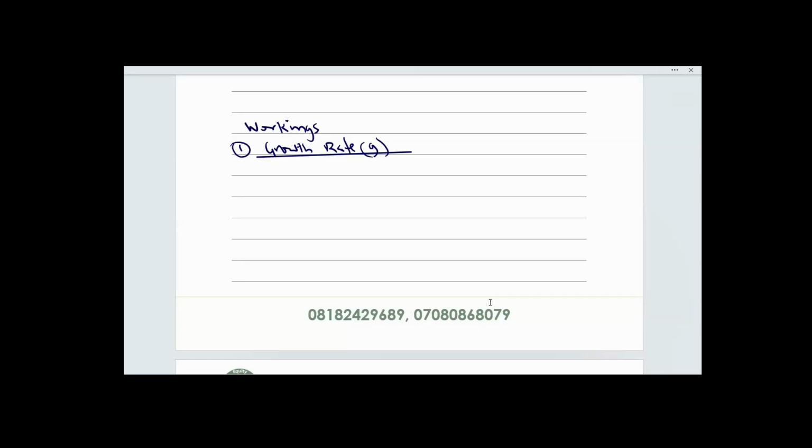I would then say G equals the n minus 1 root of latest dividend divided by dividend paid in the first year, all minus 1. Now we go back to the question.